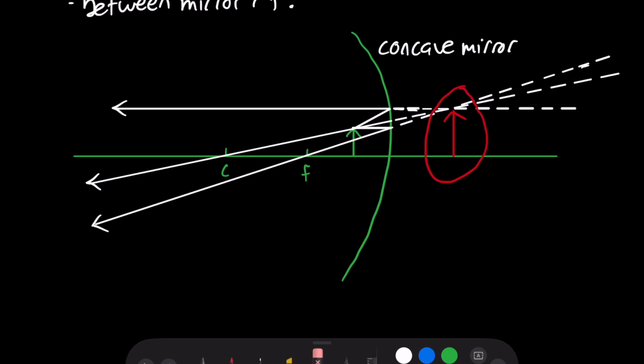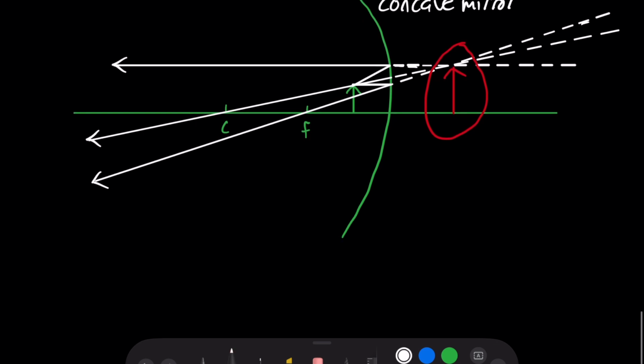Okay. We can just end off by writing out our characteristics. We have a larger image. It is virtual because it's on the opposite side of the mirror. We also have an upright or right side up image. So I'll just write upright.